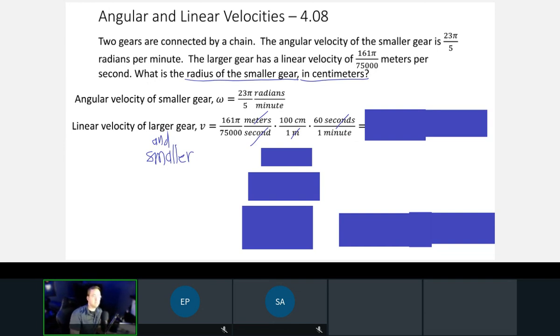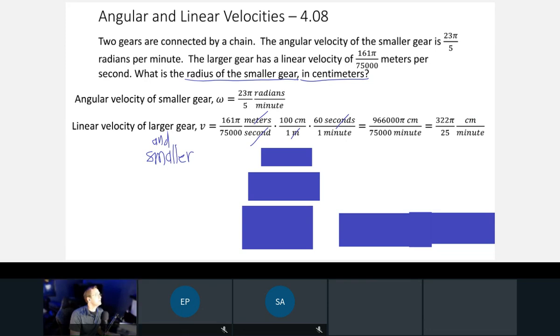We're doing pretty good. All right, multiply the top stuff together, multiply the bottom stuff together, and reduce it. Your calculator would do it for you. So you get 322 pi over 25 centimeters per minute. Look, we're getting a little closer.